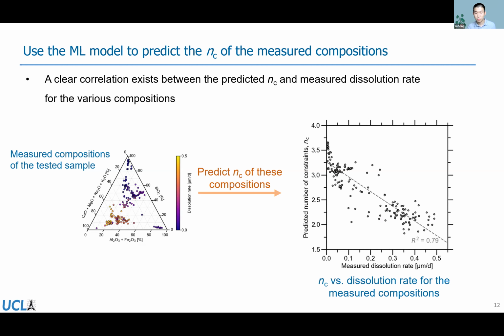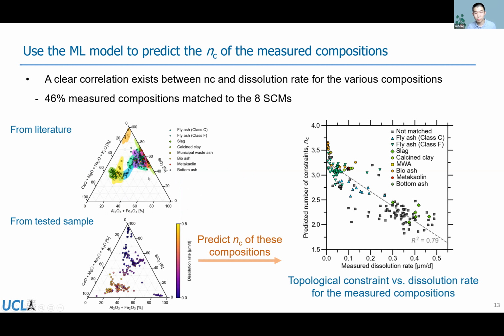And actually, if we put the two ternary graphs together head to head, what we will observe is that there are certain samples that overlap with the samples that we collected from the literature. After mapping those matched samples, this is what we observe.